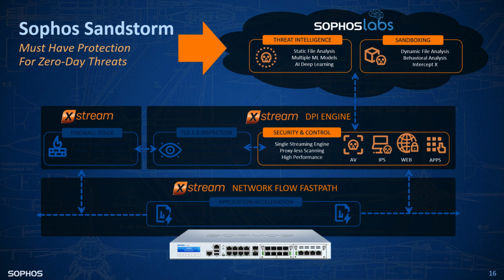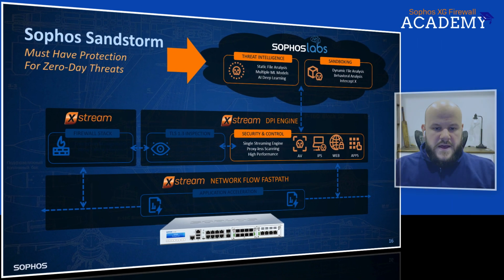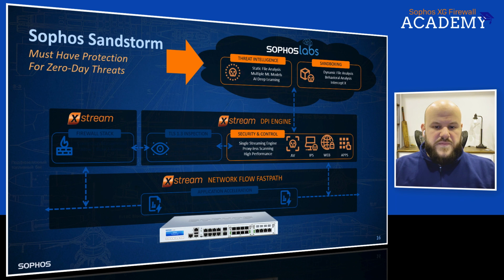And what's more, if the AV engine detects any file with active code, such as an executable or document with a macro, it will send that file to Sophos Labs Cloud Services for static machine learning based threat intelligence analysis and dynamic sandboxing behavioral analysis to stop the latest ransomware attacks and variants. And as with everything else we do, customers get unprecedented visibility into this analysis that other vendors simply cannot match.